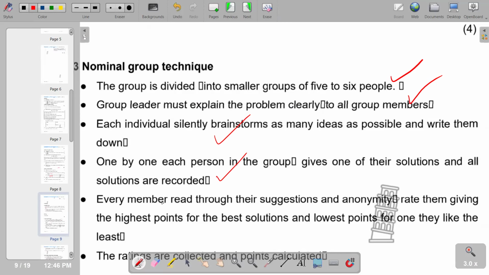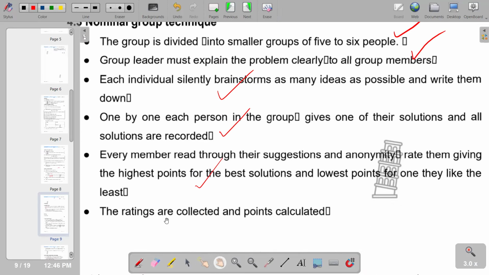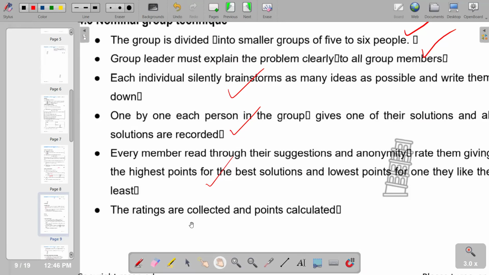Next, every member reads through the suggestions and anonymously rates them, giving the highest points for the best solutions and lowest points for the ones they like the least. And lastly, the ratings are collected and points calculated. So that is the nominal group technique.